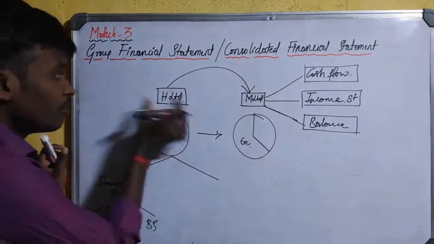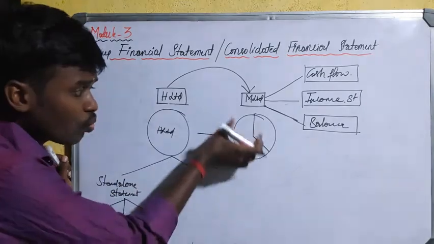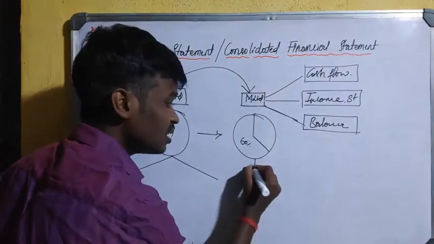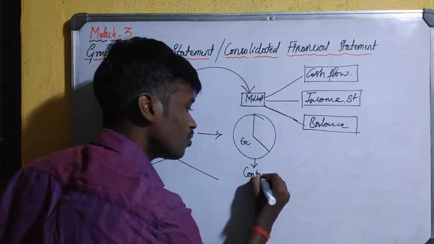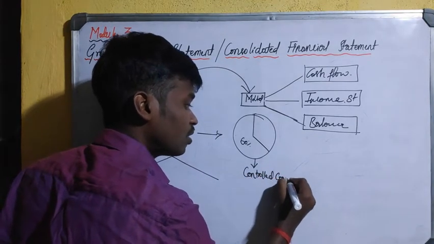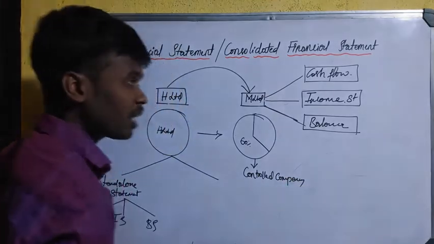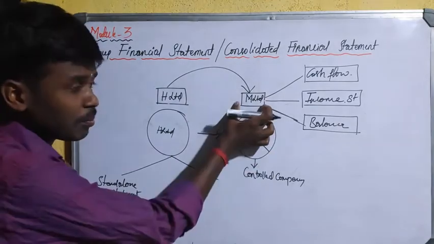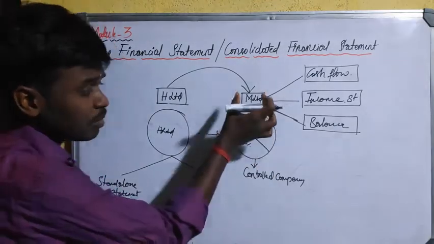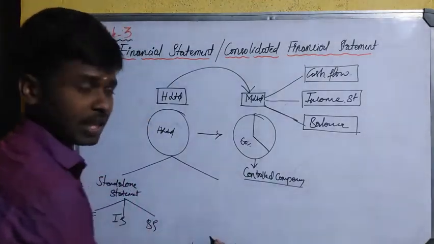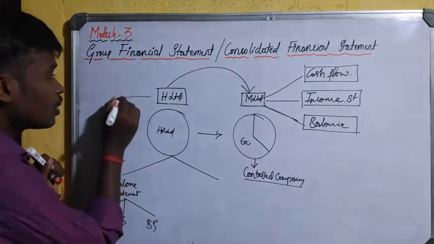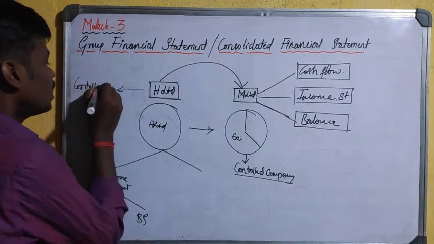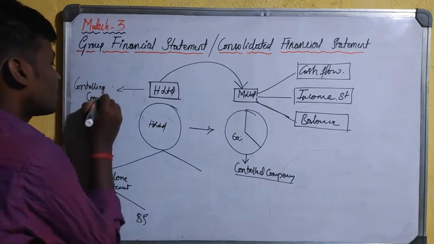When H Limited invests more than 50% share in M Limited, then M Limited is called a controlled company. It is very important. When H Limited invests more than 50% share in M Limited, then M Limited will be called a controlled company, and H Limited will be called the controlling company.